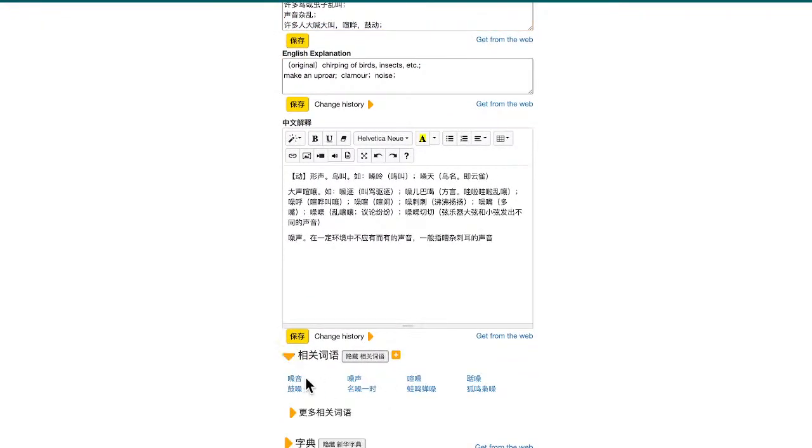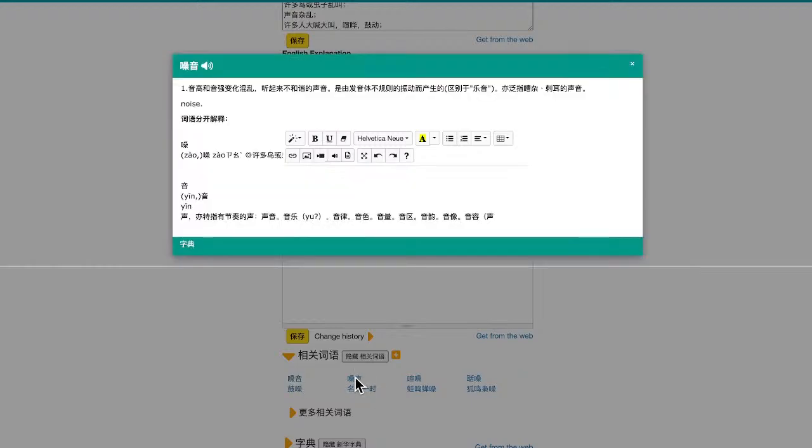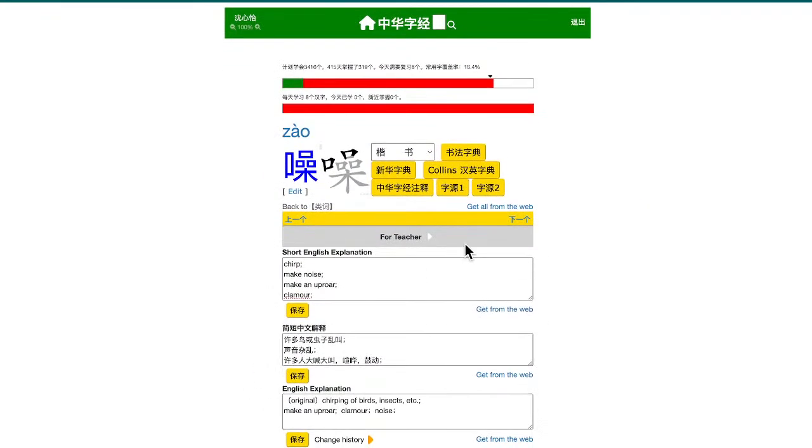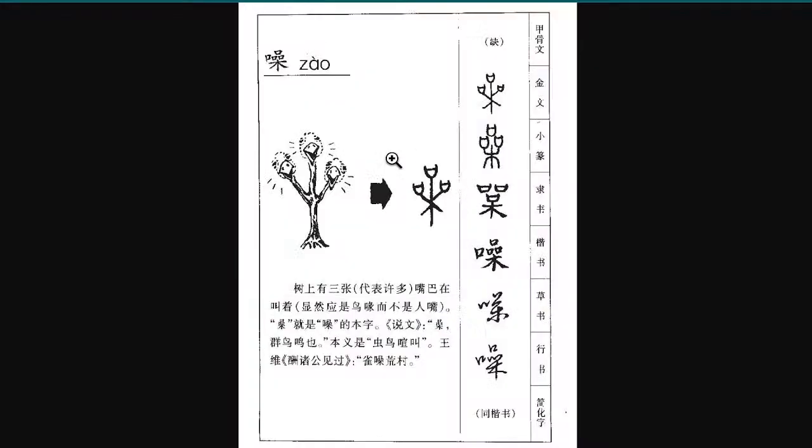Common words like 噪音, 噪声, things like that. Let's take a look at the character. You can see that the picture is a tree, and on the top there are 3 branches, and then you can see 3 口, the mouth, a big open mouth right there.